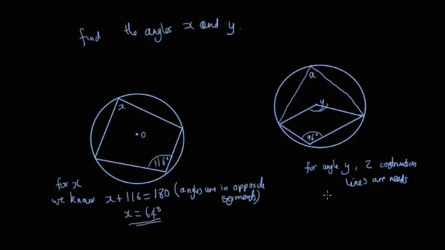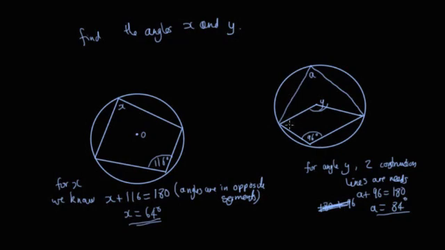So now we need to get A. I'll explain why we're getting A in a minute. A plus 96 must equal 180, so A must be 84.